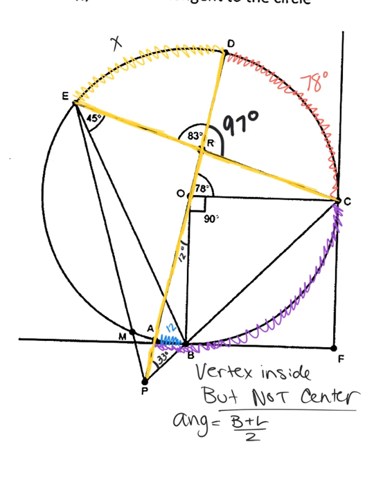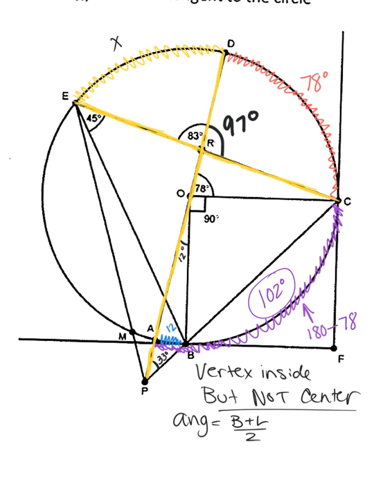Well, if the red is 78, then the purple must be 180 minus 78, or 102 degrees. Again, I got that purple by using the idea that a diameter separates a circle into 180 degrees. I already used 78 of them, so the purple is the leftover. So 180 minus that 78 gives me that purple is 102 degrees.